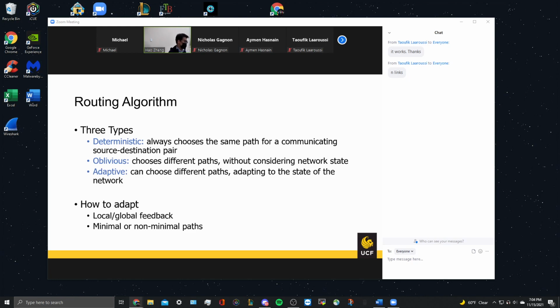We only implement a policy that gives the possibility of selecting different directions. Adaptive means we choose a different path, adapting to the state of the network. For example, if we have 4 ways to go, it's like Google Maps, where the map provides the information.